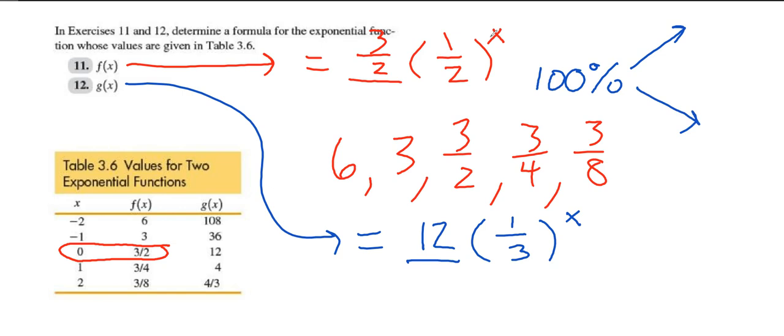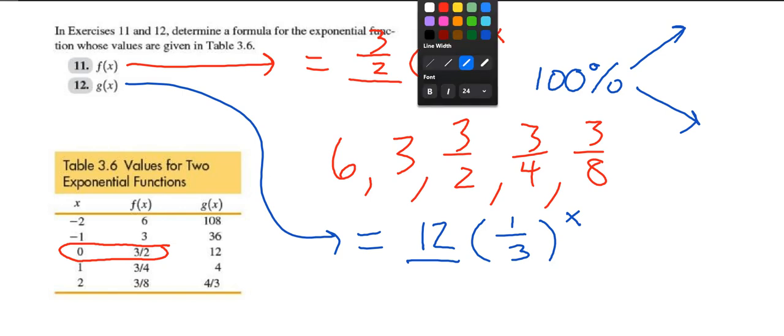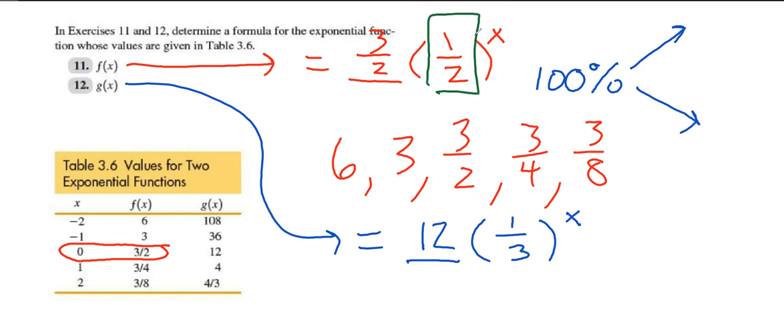Now, would you say that both of these equations are growth or decay? You should say that they're both decay, because their growth factors are between 0 and 1. The question is, what percentage? So both of these are going down. What percentage loss do we have?